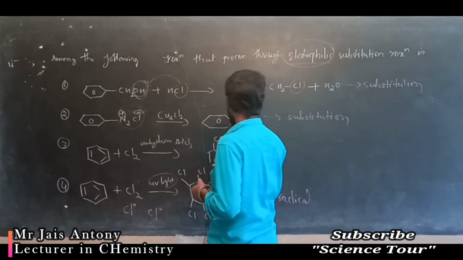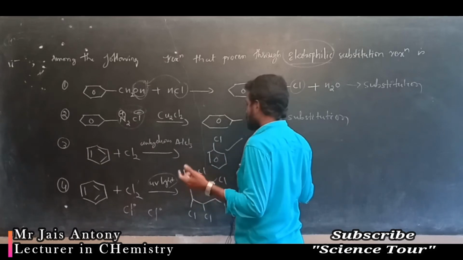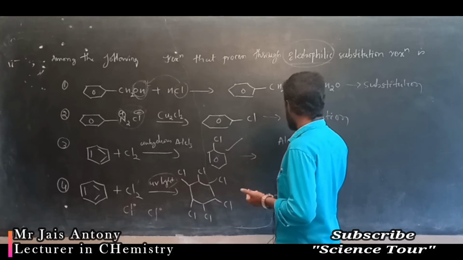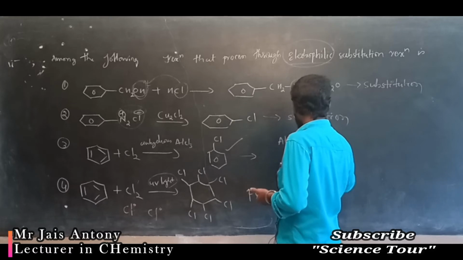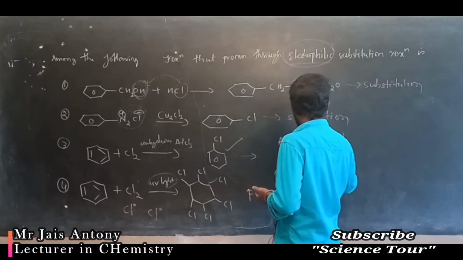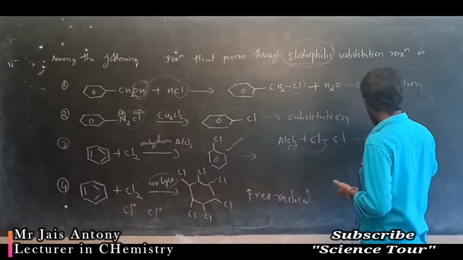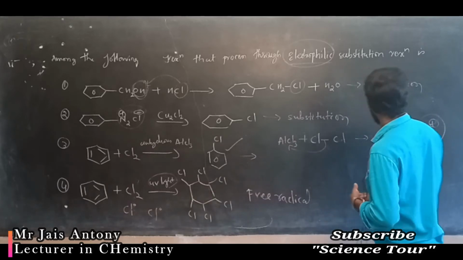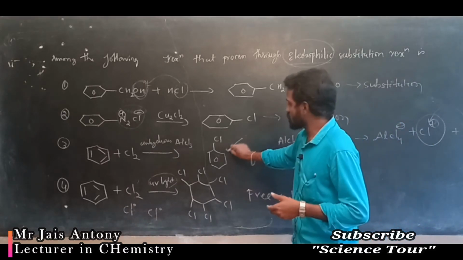Now we check this. Simple. Here chlorine reacts with anhydrous aluminum chloride. You know the Friedel-Crafts alkylation and acylation reactions. What happens here? AlCl3 reacts with Cl2 and becomes AlCl4 minus and Cl plus. This Cl plus is the electrophile. Later, benzene attacks this electrophile. Understood? This is nothing but electrophilic substitution.